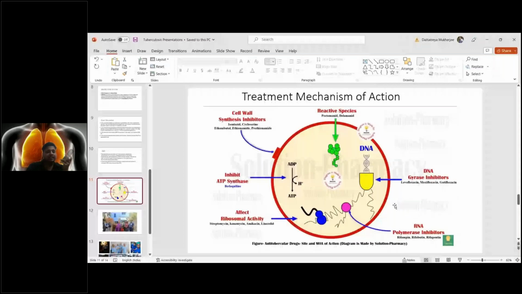Streptomycin, amikacin, kanamycin, linezolid. Bedaquiline inhibits ATP synthesis, and drugs that break down the cell wall are isoniazid and ethambutol. So these are the mechanisms of action of the drugs usually given to the TB patient. This is the whole lecture on tuberculosis.